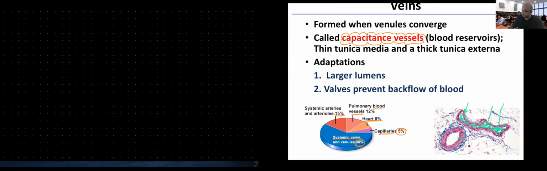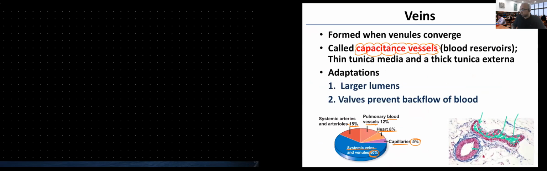So if I am under lower pressure, I don't want to move from a low pressure to a site with higher pressure. So again, having larger lumens compared to the arteries enables them to become the capacitance vessels.